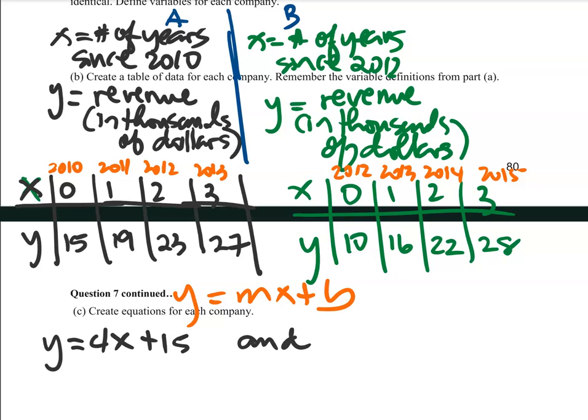And Company B, Y equals, the revenue increase each year is 6,000, so that is 6x, and they started with 10,000, so 6x plus 10. So those are the two equations.